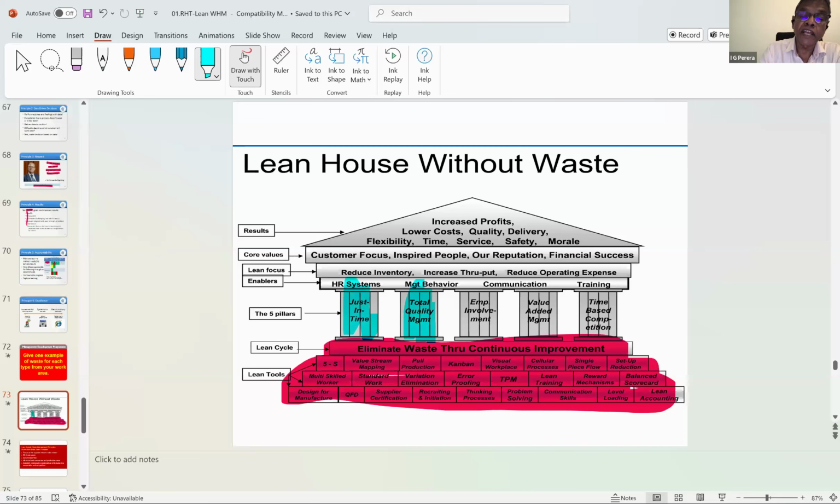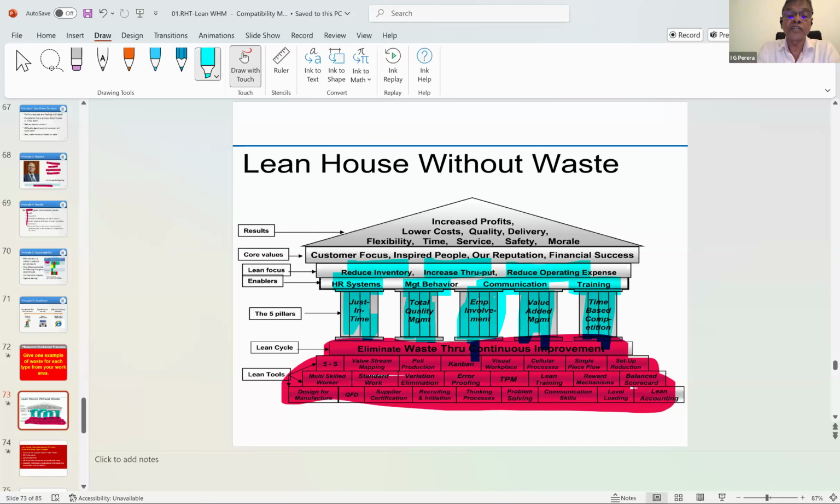Then total quality management, employee involvement, value adding, and time-based competition. Those are the 5 pillars. On the 5 pillars, you have developed enablers like HR systems, management behavior, communication systems, training is done, and reduce inventory, increase throughput.